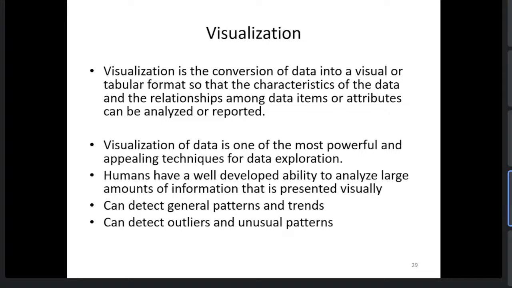As human beings, we are well developed to analyze the amount of information that is presented visually. What I mean is that, like an agent in artificial intelligence, mainly with our eyes, we can visualize the environment. That is, we perceive the environment, then that data is analyzed within our brain, and after that we can take decisions.